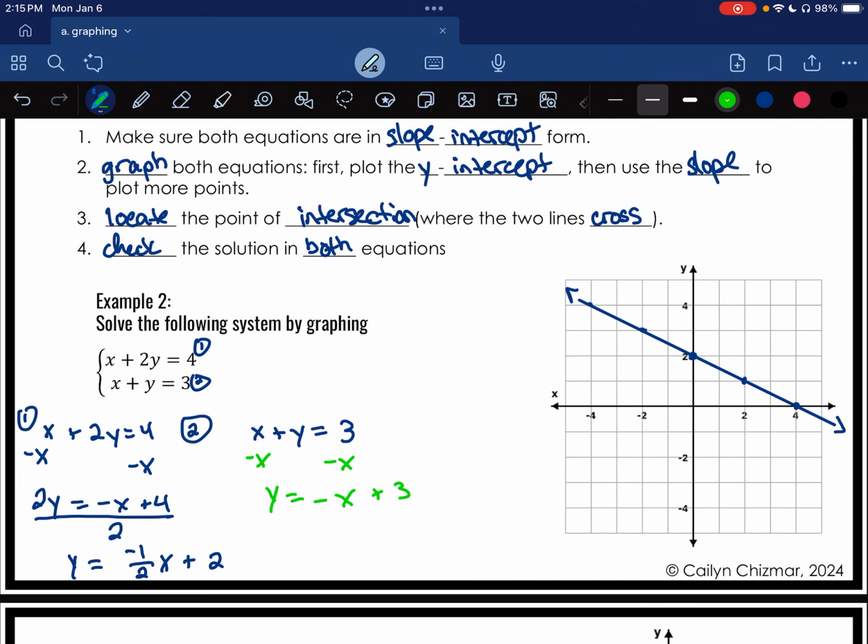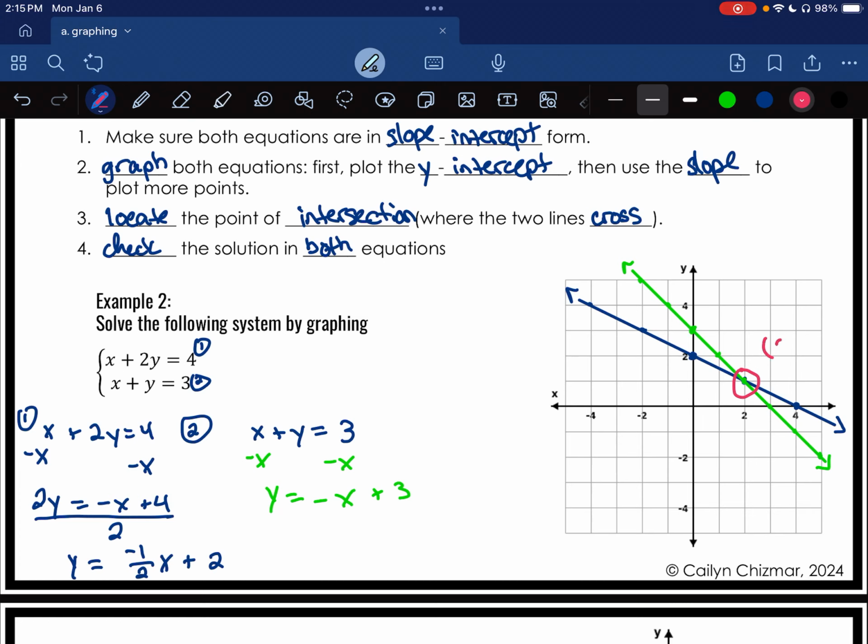Alright, now this guy, this y-intercept at 3 and a slope of negative 1. Connect those dots. And as you can see, they cross right here.